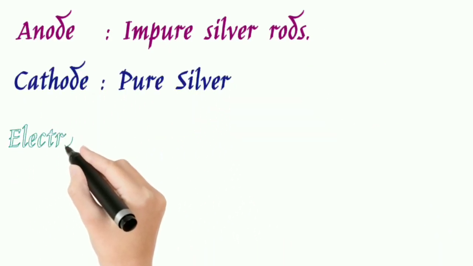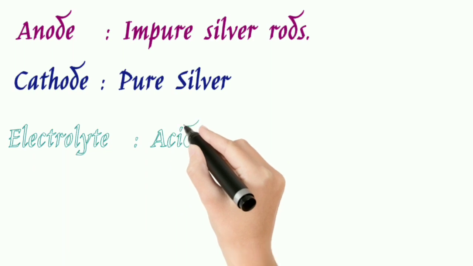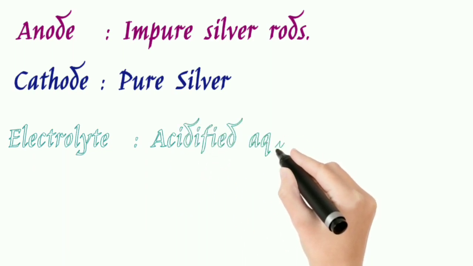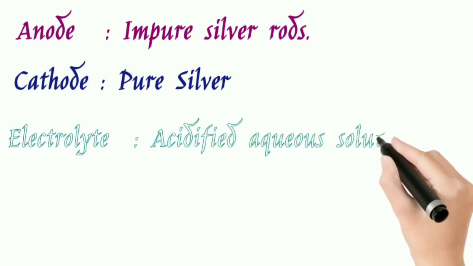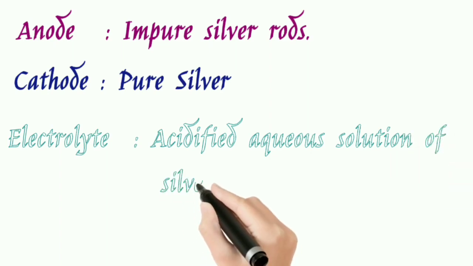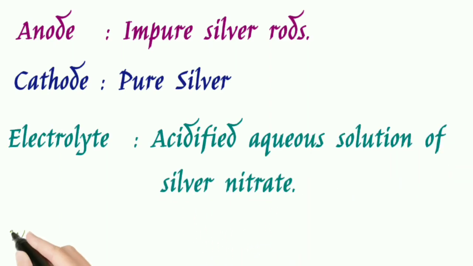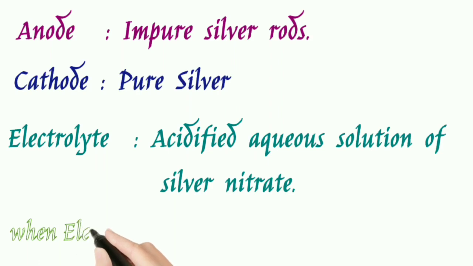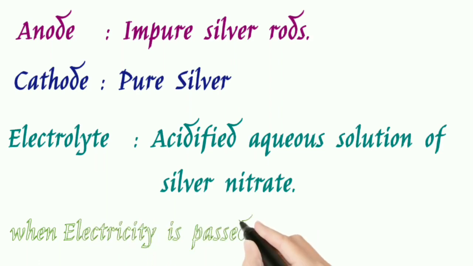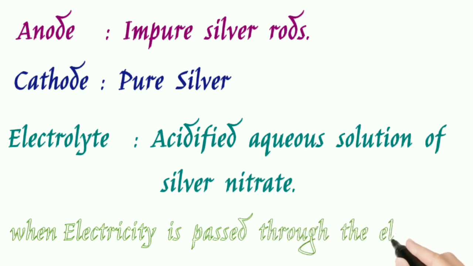And what is the cathode here? We need a cathode of pure silver. Okay. So now, which is the electrolytic solution here? The electrolyte is acidified aqueous solution of silver nitrate. So salt solution நமக்கு வேணும். அது நாம என்ன எடுத்திருக்கோம்? Silver nitrate. So when electric current is applied, what will happen? What I told, electric current pass பண்ணும்போது ions move ஆக ஆரம்பிக்கும்.